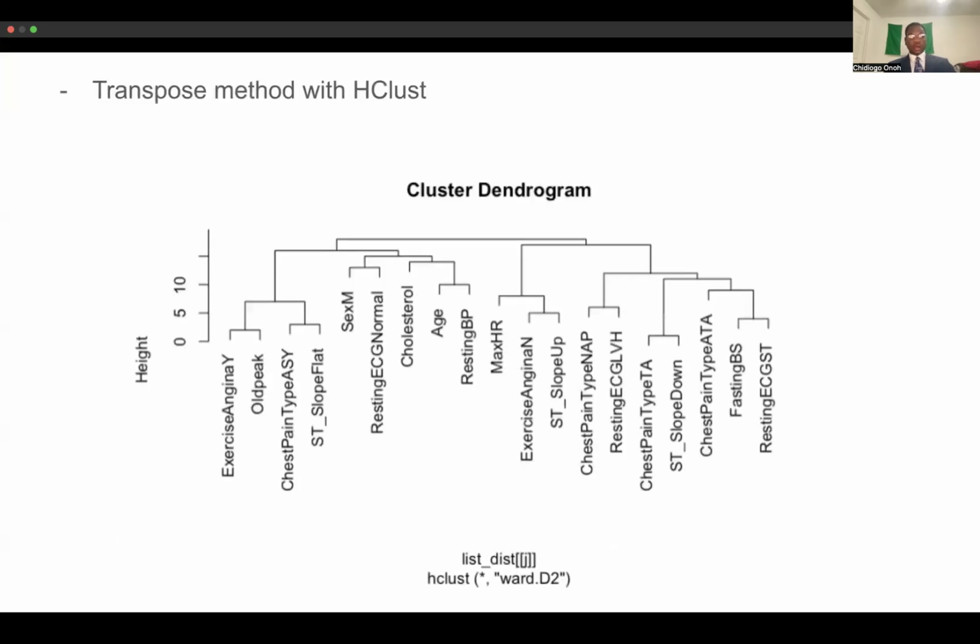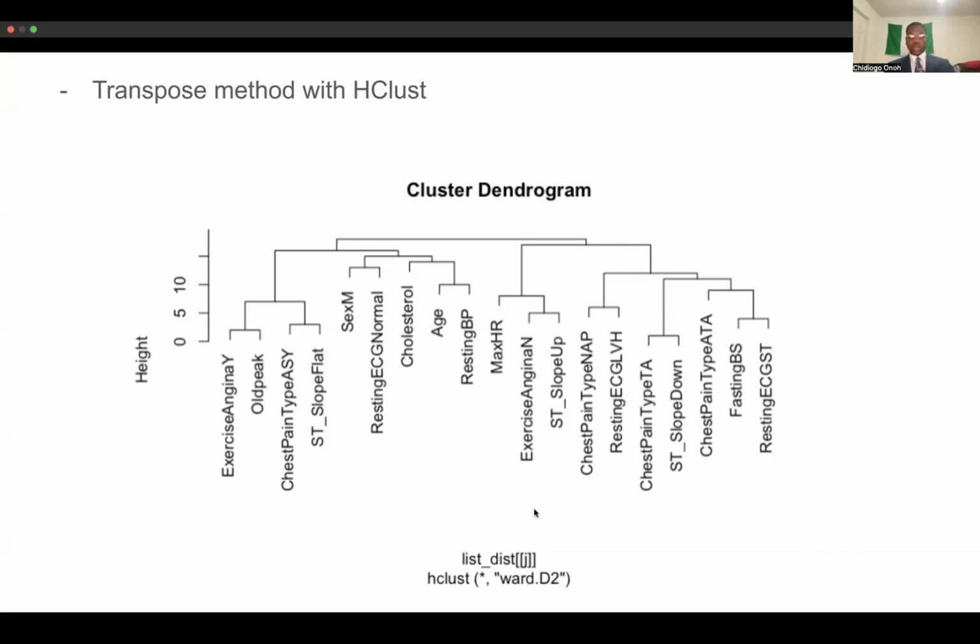So we start with the transpose method with hierarchical clustering. What that means is that we take all of the columns and turn those into rows. We turn the rows into columns, and then we can print a hierarchical clustering of our variables.